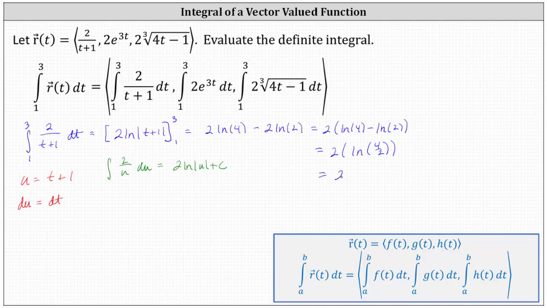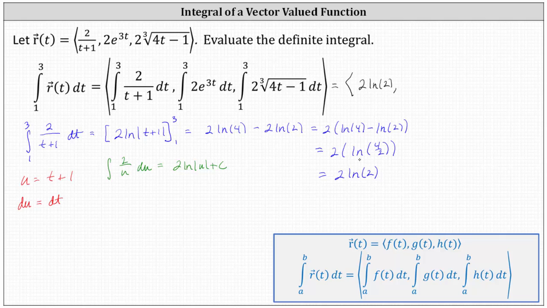Simplifying, we have 2 natural log 2. This indicates the integral from 1 to 3 of r of t dt is equal to a vector in which the x component is equal to 2 natural log 2.